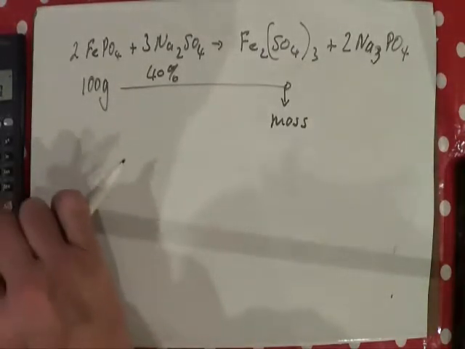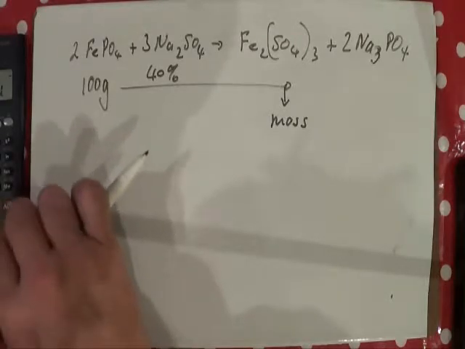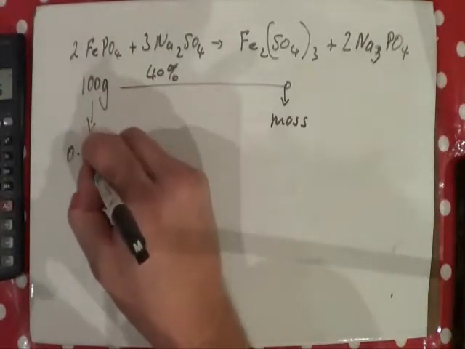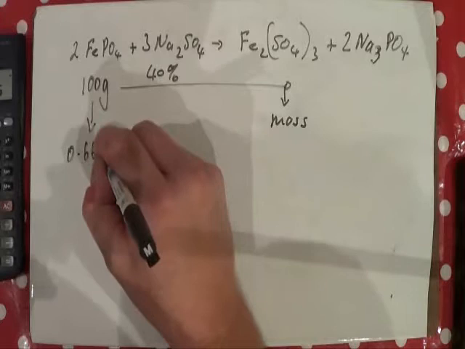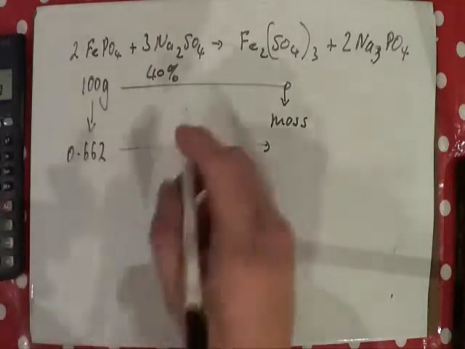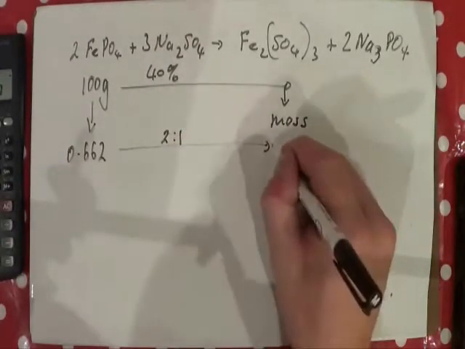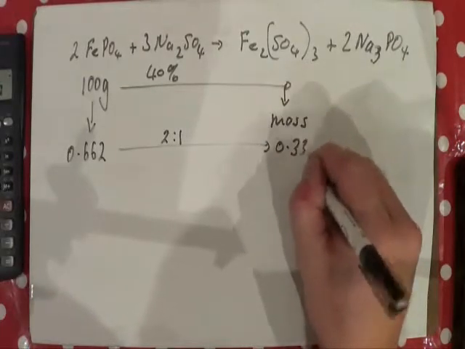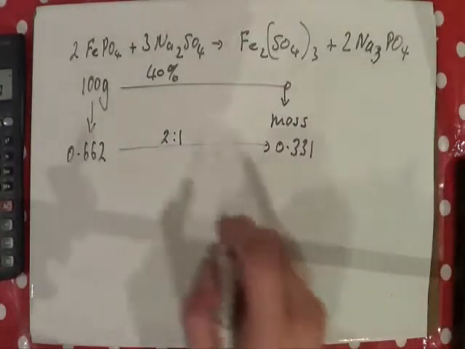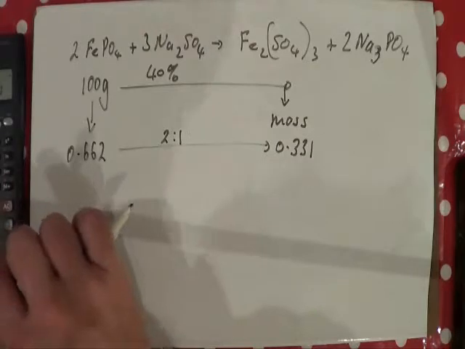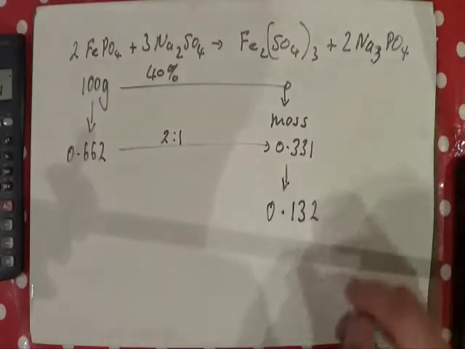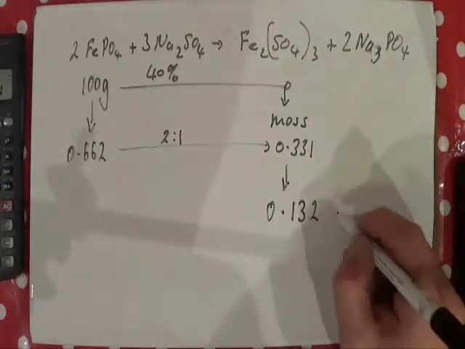So we've got 56 plus 31 plus 64. The moles of that is 0.662. Remember it's a 2-to-1 ratio, so we would expect to have that number of moles made. Now remember it's a 40% yield, so in actual fact we would only get that number of moles of iron sulfate made.